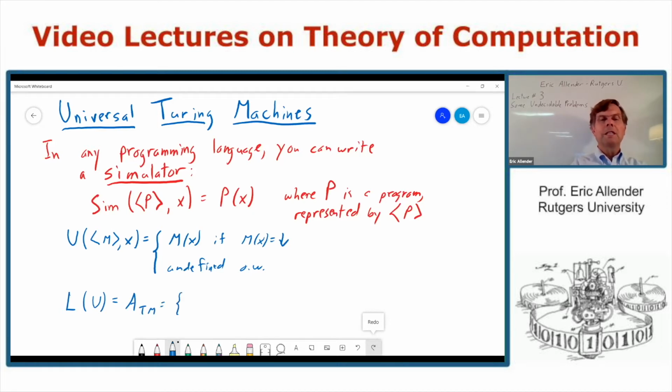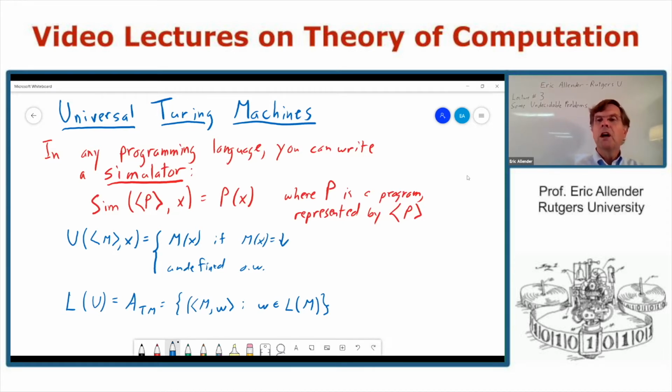We call it A sub TM, which is those pairs M, X, such that X is accepted by machine M. Okay, so A sub TM is certainly going to be one of the languages that we'll be working with. And the very fact that there is a simulator is certainly a crucial and important fact about Turing machines.